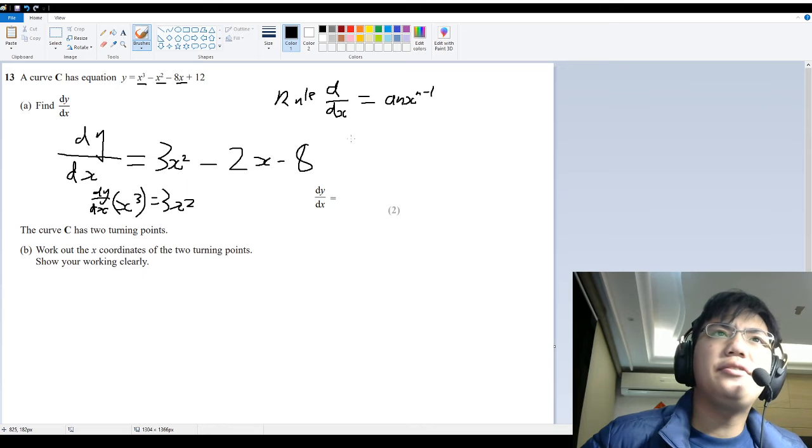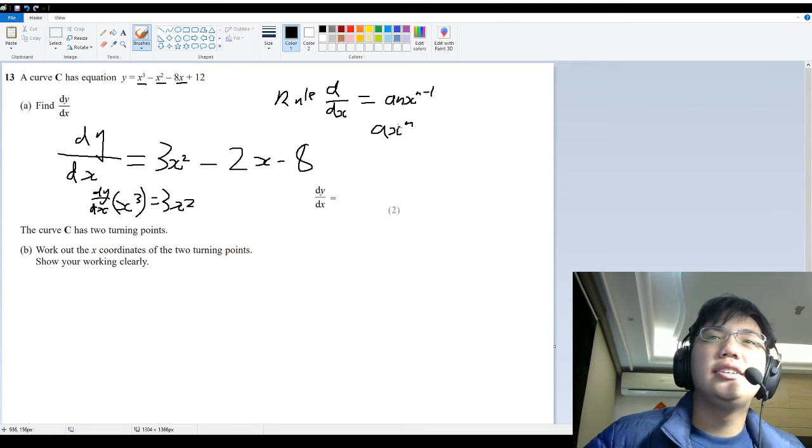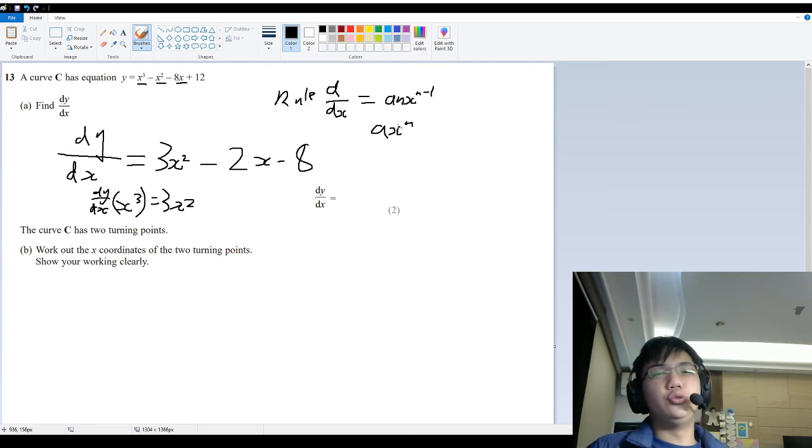So for derivatives, you just multiply by the power n, and you take away 1 from the power, so n minus 1. So x cubed has the derivative 3x squared, and negative x squared has the derivative negative 2x, and so on and so forth.